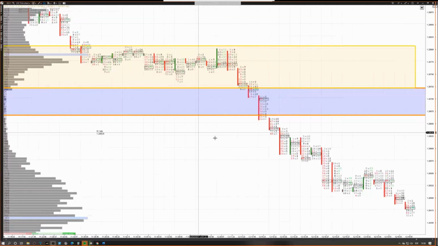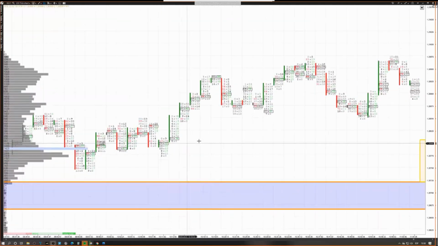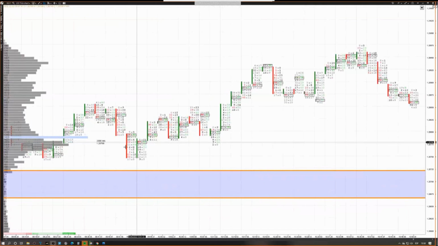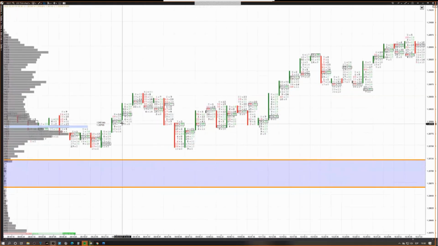We know there are a lot of buyers in this area. You can see exactly how many buyers there are. Where are the big buys here? See 90. You can see the difference: 72 here, 81, 56, 67, or you can see 94.